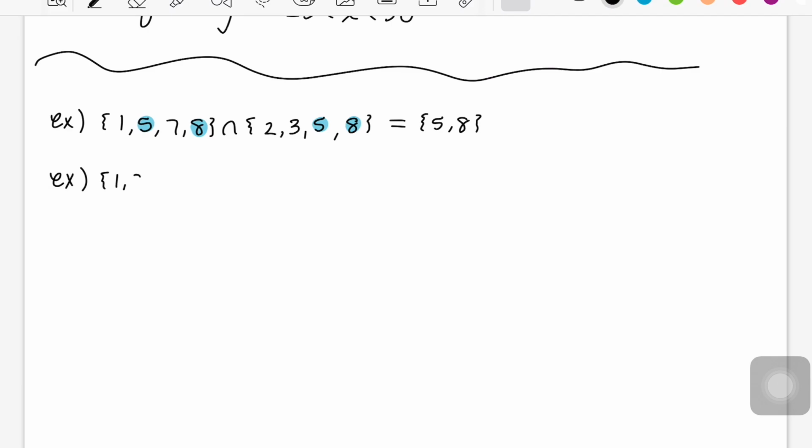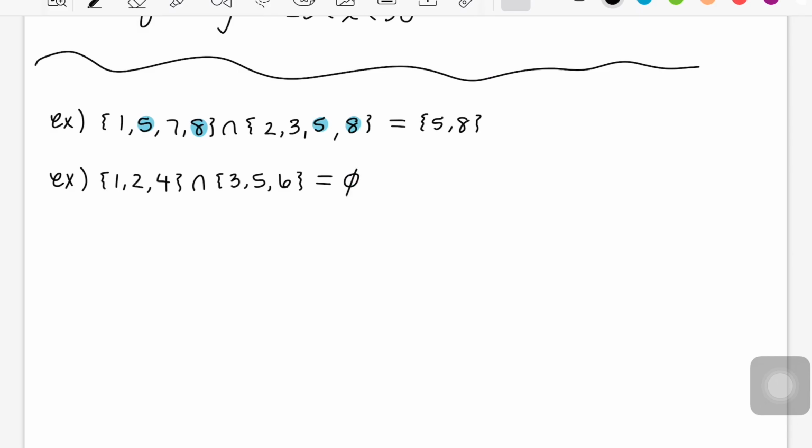Let's look at the intersection of these two sets here. Now again, we want to see what elements these two sets have in common. And you'll notice that there aren't any elements that these two sets have in common.